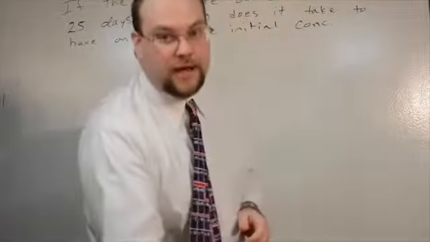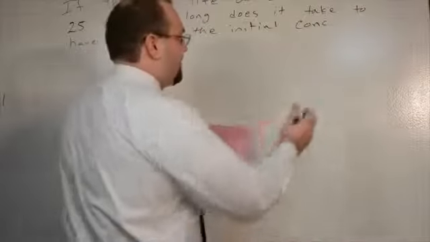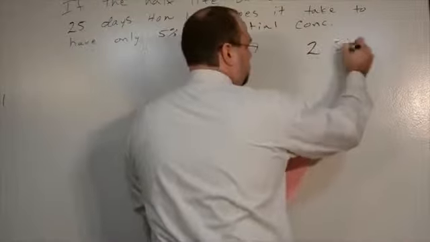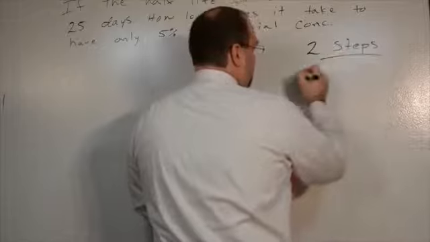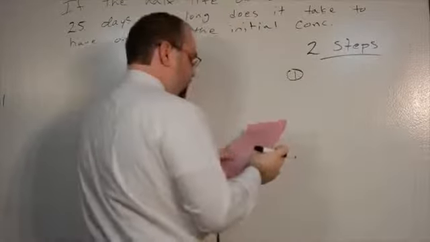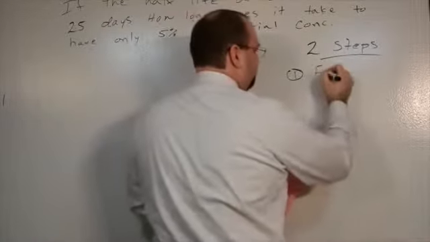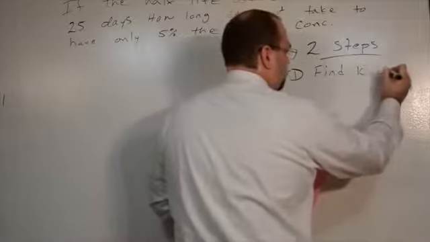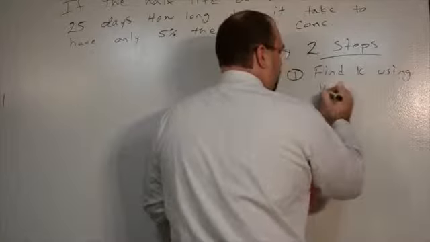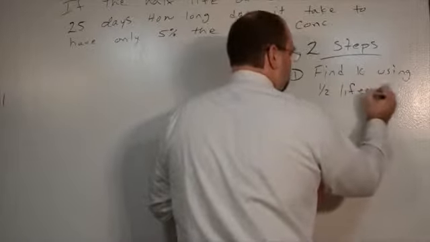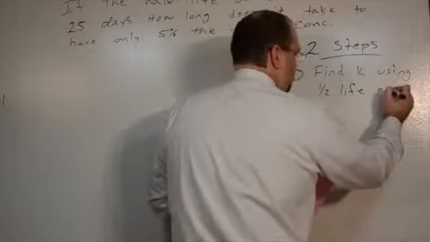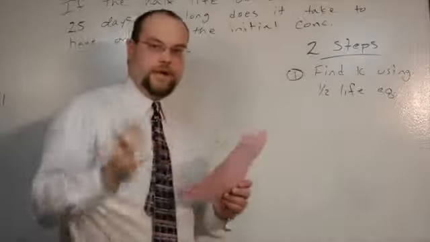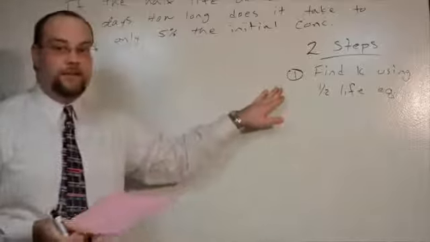Okay, there are 2 steps. Step 1, we have to find k using our half-life equation. I'll go over what the half-life equation is for a first-order rate reaction, but we have to actually find our k value.